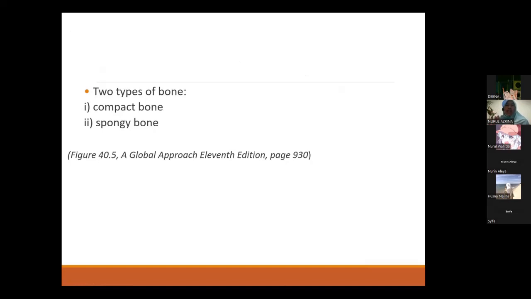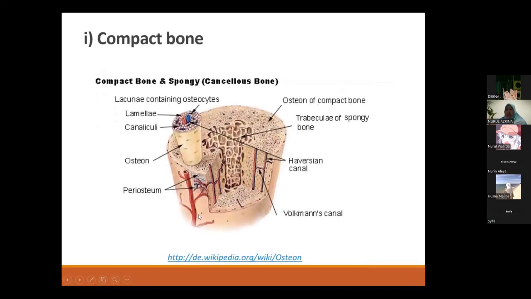No, it has more spaces between the structure. What you can see here is that this area is the area of compact bone, and in between here, you see this area contains a lot of spaces. That area is the spongy bone.